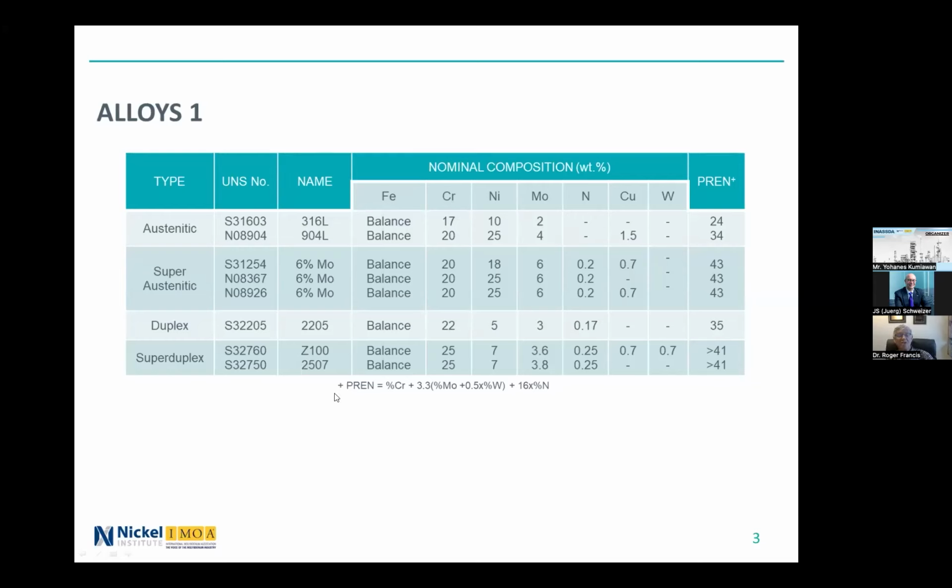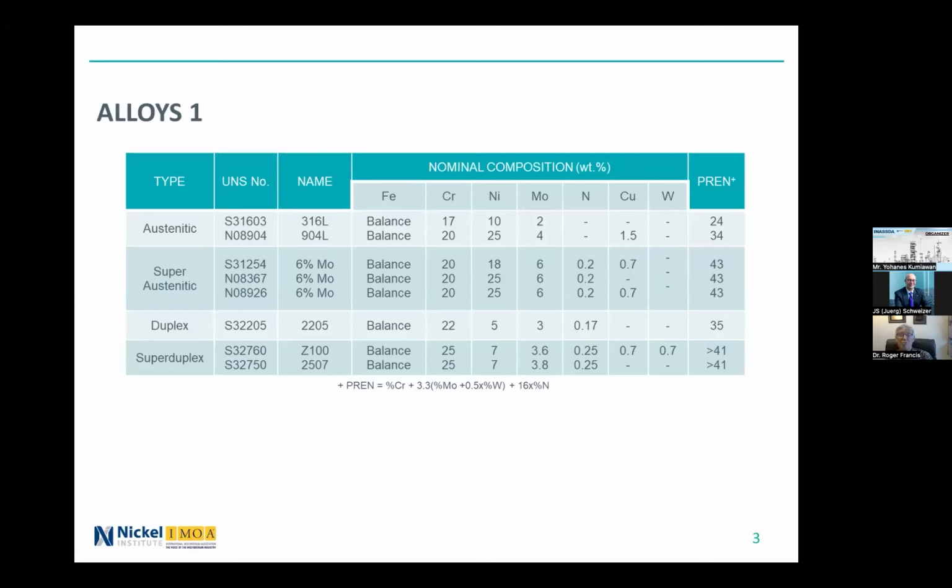Now you can assess the resistance of these stainless steels to localized corrosion, and by that I mean pitting and crevice corrosion, using the pitting resistance equivalent number, or PREN. This is an empirical formula that relates an alloy's composition to its resistance to localized corrosion. So the higher the PREN, the greater the resistance.